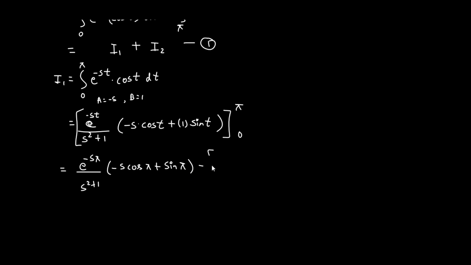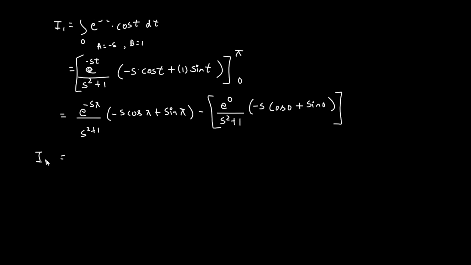Now we are putting the lower limit, that is 0, so it will be e raised to 0 upon s square plus 1, minus s, cos 0 plus sin 0.